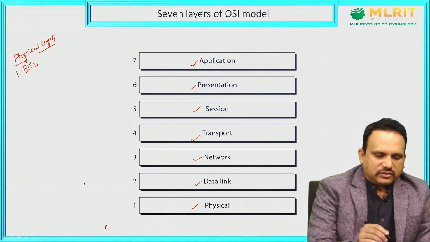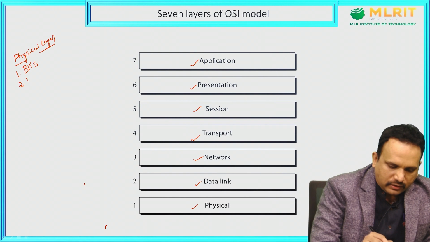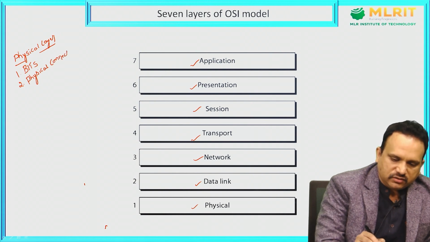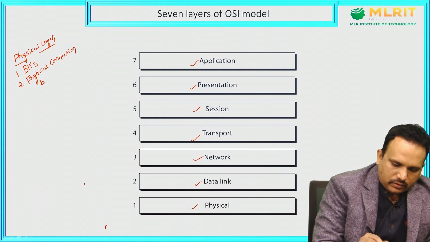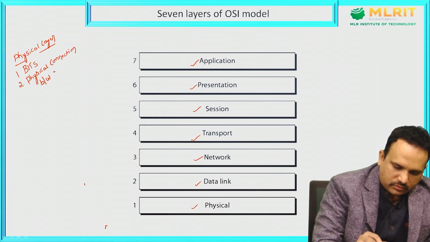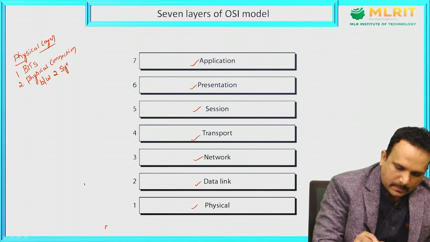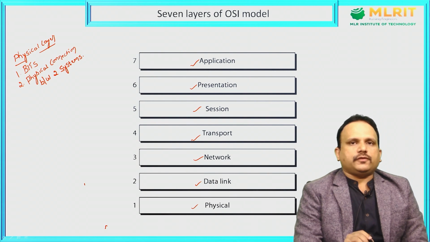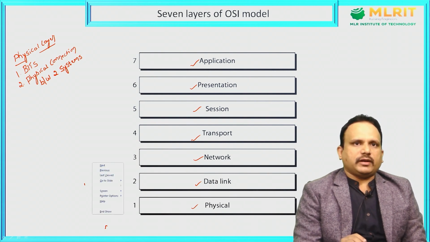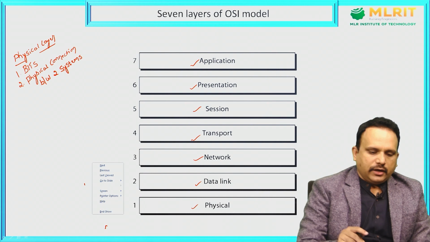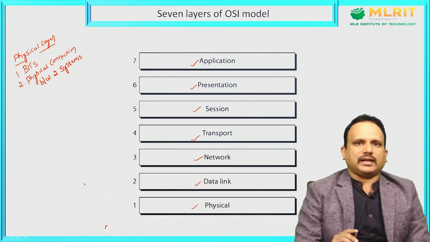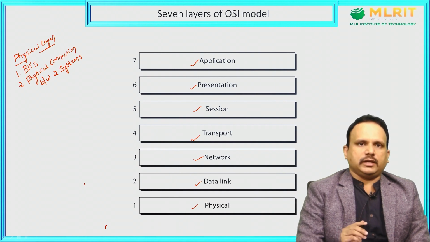The physical layer is responsible for the physical connection between two systems. Initially the data will be transmitted in the form of bits, and it is used to establish the communication between the two systems. Physical communication or physical connection will be established using this physical layer.